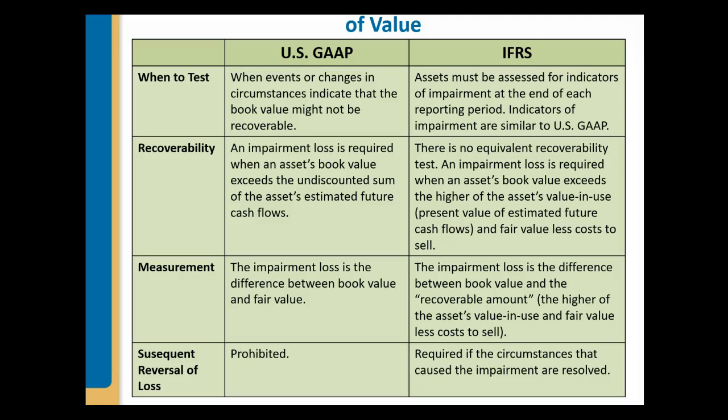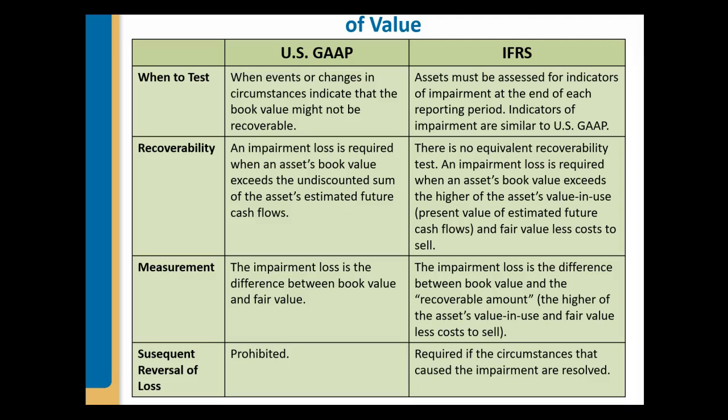Under IFRS, there is no equivalent recoverability test. An impairment loss is required when an asset's book value exceeds the higher of the asset's value in use, the present value of estimated future cash flows, and fair value less cost to sell. Under U.S. GAAP, the impairment loss is the difference between book value and fair value.